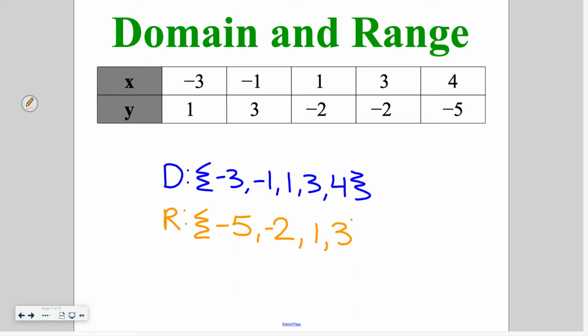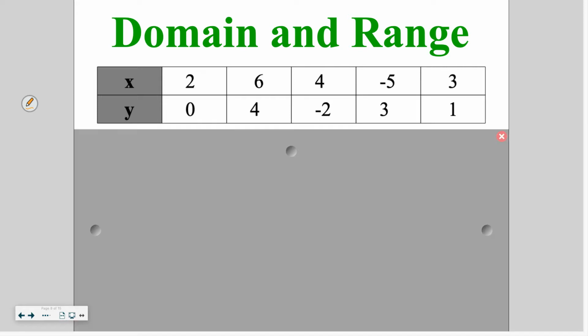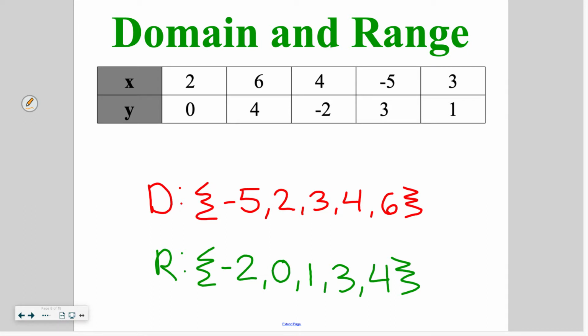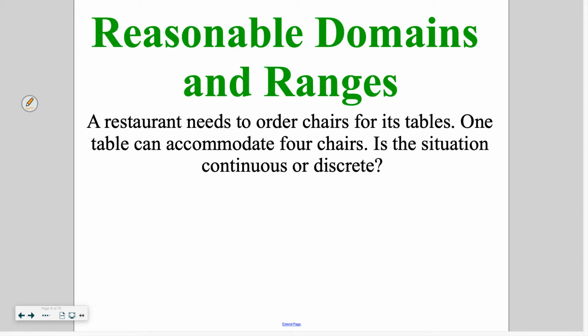And then 1, and then 3. So we use those special brackets to indicate that it's a set of numbers, and then we label them domain and range so we know which one is which. Go ahead and try this one on your own. And you can see the domain and the range, and you should again have those squiggle brackets listed around them.